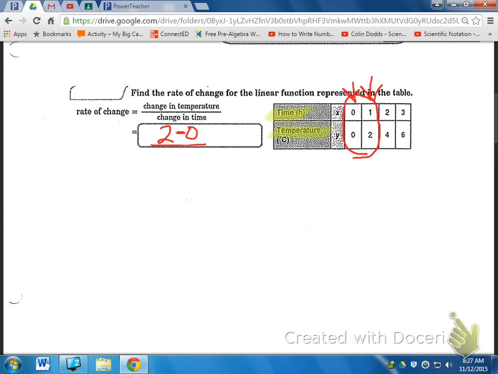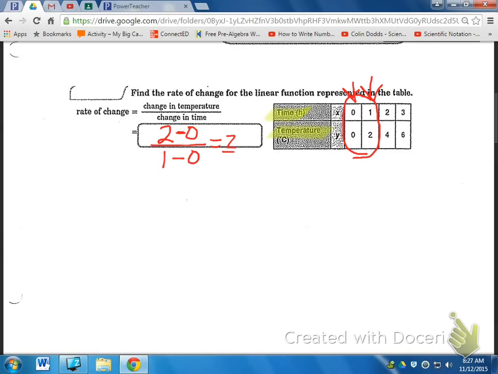And then the change in time, you go back to that second point, it was 1 hour minus back to 0. You kind of match up the points when you're doing this, okay? You usually start with the second point minus the first point on the top, and then you do the second point minus the first point on the bottom.